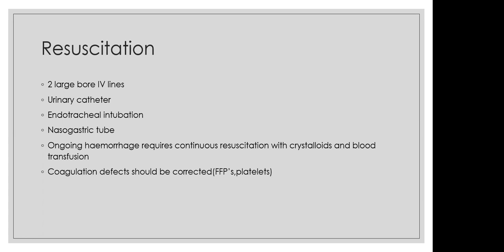As I mentioned in the previous slide, you need to do a coagulation profile. You need to correct any coagulation defects accordingly. So the INR and the PTT, as well as the platelets, are important in order to know what you are correcting.